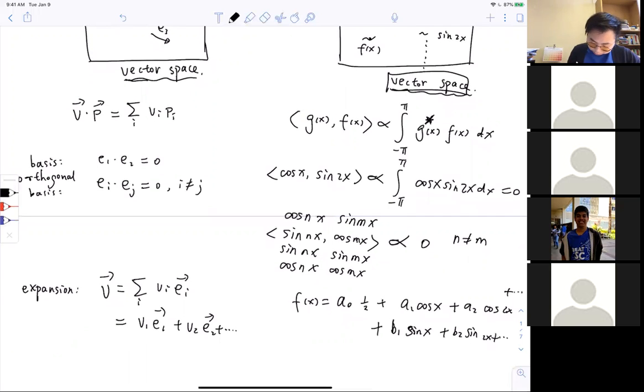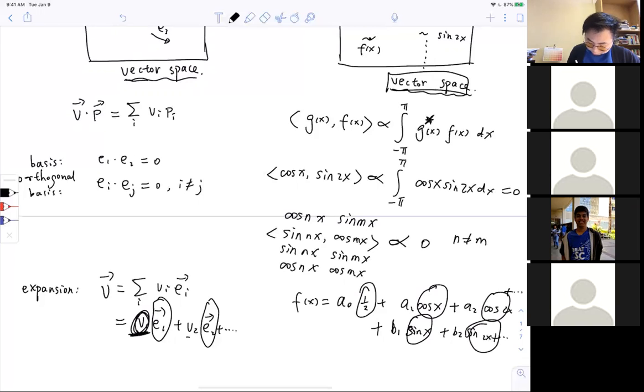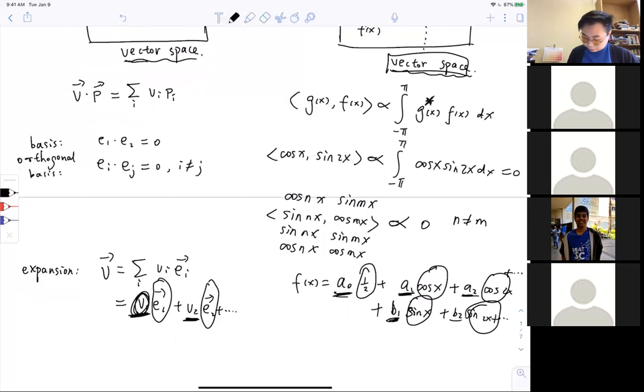So you can see, here this is the basis, this is the basis. And V1, V2 are coefficients, like A0, A1, A2, B1, B2 are coefficients. They're kind of similar.